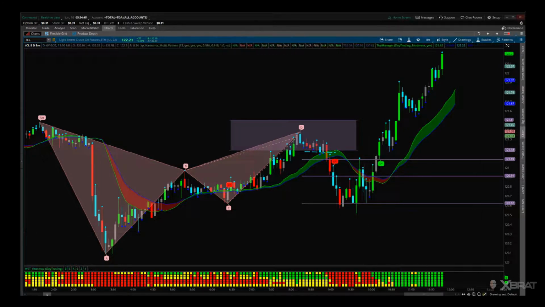Now, one of the things with this harmonic pattern is at the moment the manager ribbon is still green and we're still looking for the short. Right here we can see now on the BIAS Depth Heatmap 1, 2, 3, 4 out of 6 are bearish.